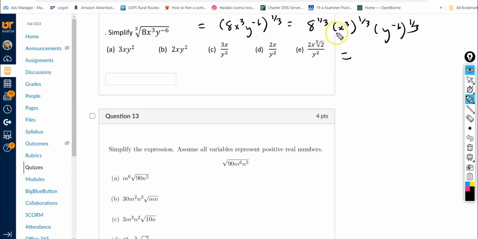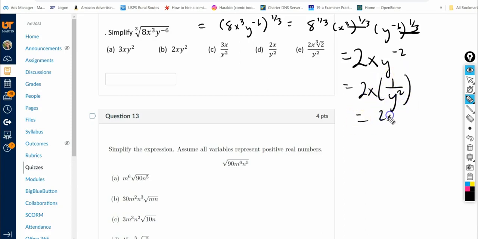Okay, 8 to the 1/3 is the cube root of 8, which is 2. I multiply, 3 times a third is the first power, x to the first power, just x. I multiply, I'm going to get y to the negative 2. And that's going to be 2x times 1 over y squared, which will be 2x all over y squared. So my answer again is D.